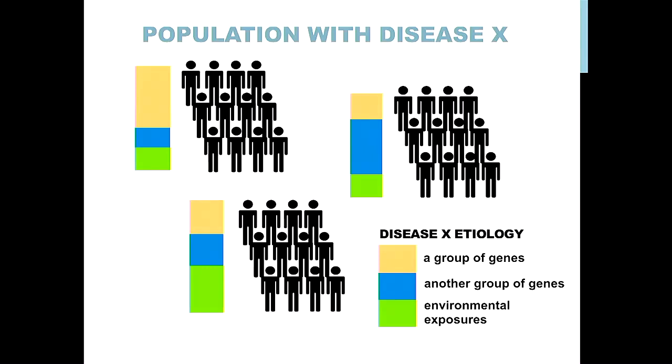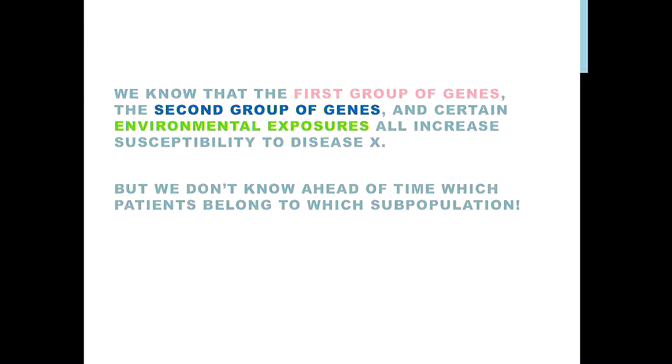You can't tell from their phenotype, from the trait or disease that they have, that they're part of these subpopulations, but in fact their disease is caused by slight differences in the biology and the genes underlying the disease, as well as what environmental exposures each of these subpopulations are exposed to. So we know that the first group of genes and the second group of genes and certain environmental exposures all increase susceptibility to disease X. But we don't actually know ahead of time which patients belong to which subpopulation.